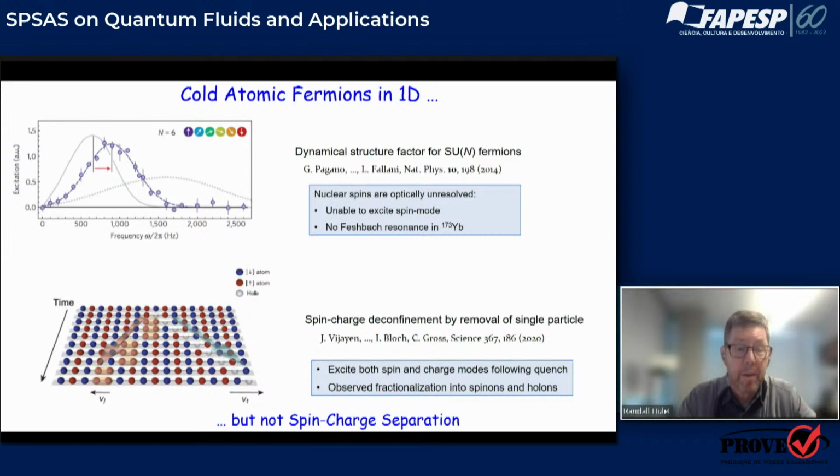So in the experiment, they used ytterbium-173, and there's no Feshbach resonance. So they're able to get the dynamical structure factor for the charge mode, and this width has to do with the inhomogeneous density profile of the atoms in the trap.